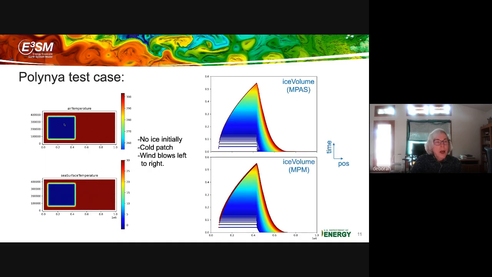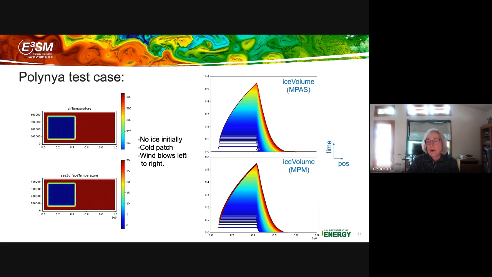And so in this area, we will be freezing seawater, so we'll be creating material points, or in the cell, you increase the concentration of ice. And then the wind will blow that ice that's created off to the right, where eventually it'll melt. So here we're testing the freezing and melting and the column physics implementation with MPM.